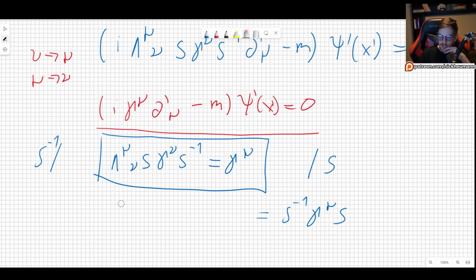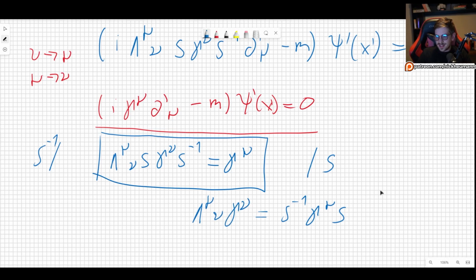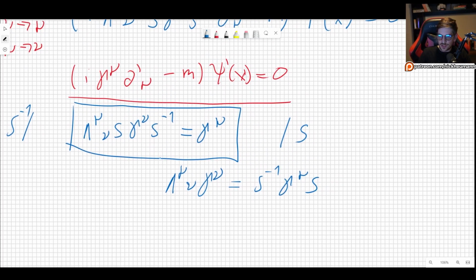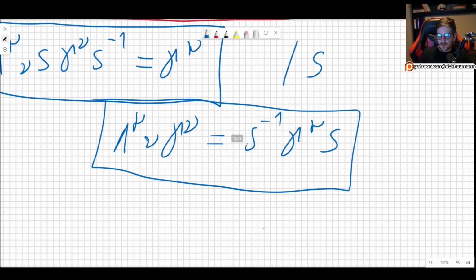I'm just going to put everything a little bit closer together. So this is lambda mu nu gamma nu. This is basically the condition that we have to find, and it looks very interesting. Because what we are saying here is that the matrix S is transforming our gamma matrices.